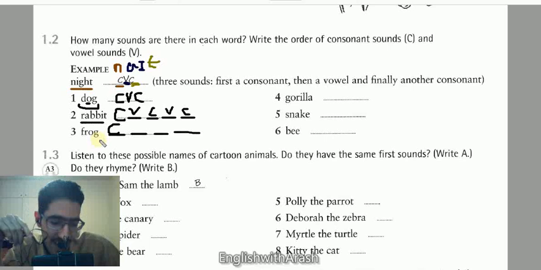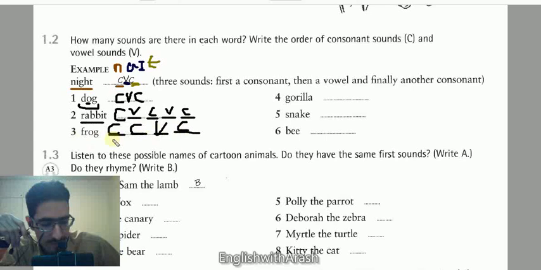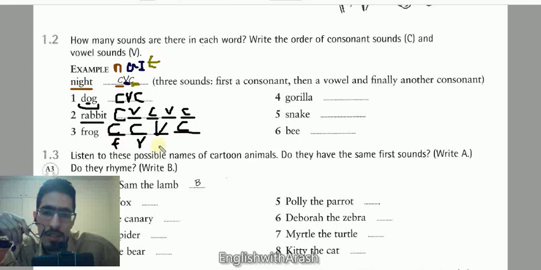Someone is laughing. Hania says CCVC. Let me check it, Hania. Frog. Great. Yeah, CCVC. So you have F, you have R, then you have the vowel and the last consonant.